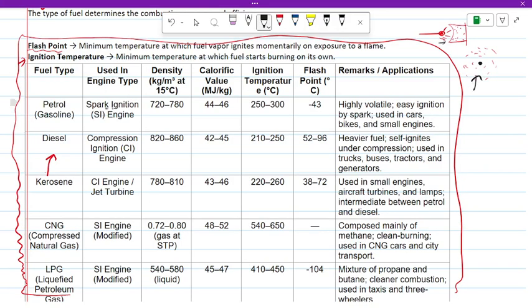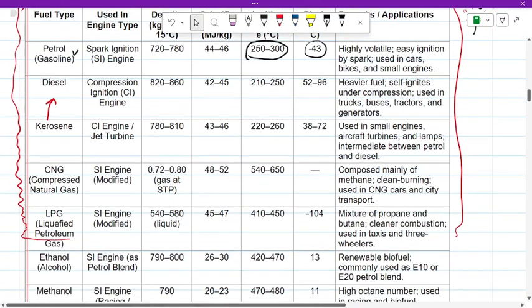Okay, so in the case of petrol, the flash point is minus 43, and the ignition temperature is 250 to 300 degrees Celsius.